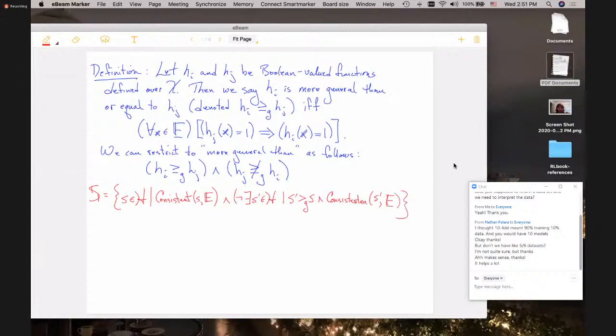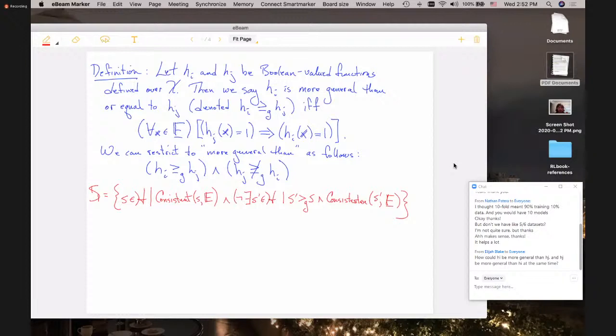So what this particular rule allows us to do is say that this is the most specific, or one of the most specific hypotheses within the version space. Because if you were to go more specific than that, what you would find is it's no longer consistent.